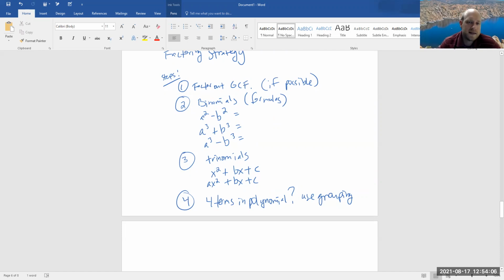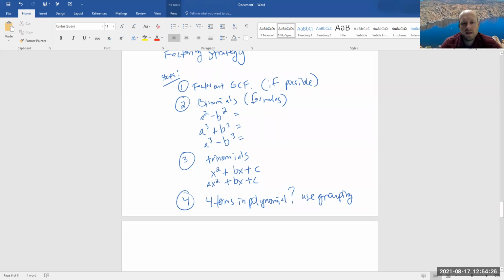Okay, always think to factor out the GCF first. Then, what is it, 2 terms? If it is, it could be a difference of squares, or it could be a sum of cubes. It could be a difference of cubes.